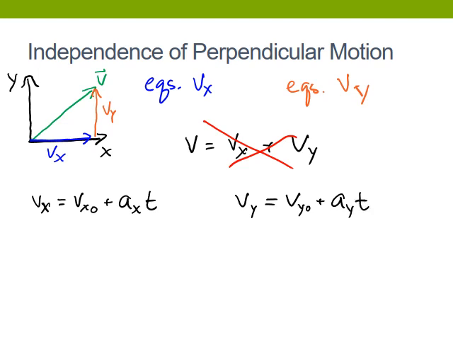I'll never have y's appearing in my equations for x's, and I'll never have my x's appearing in equations for y's. This is extremely powerful. And then, of course, the only thing that does carry across is my time. My time variable will bridge between the two.